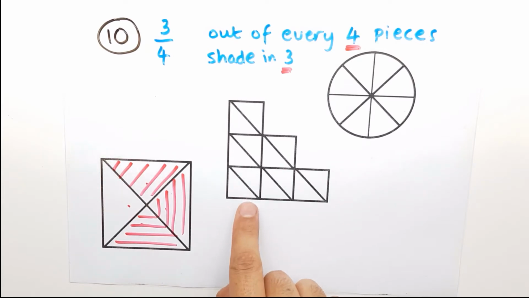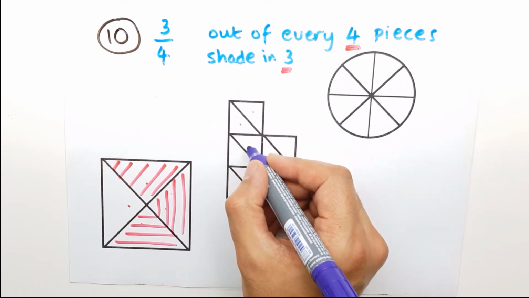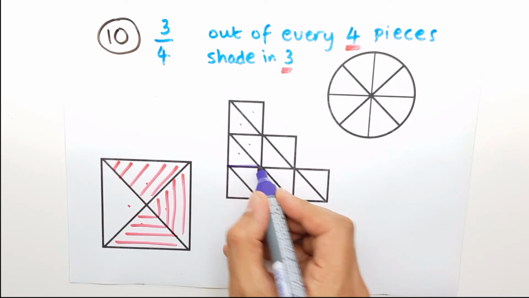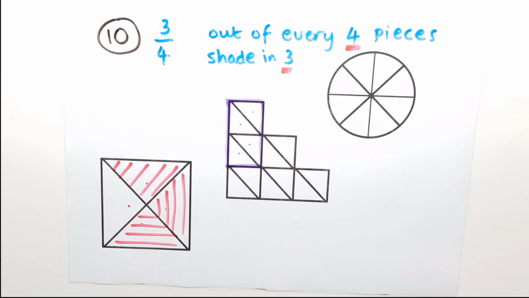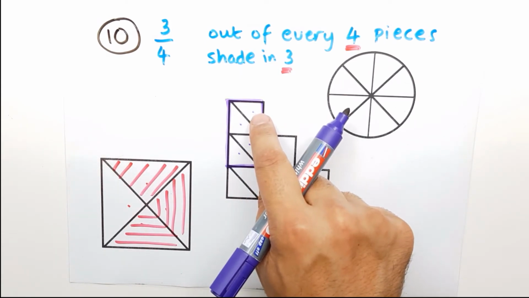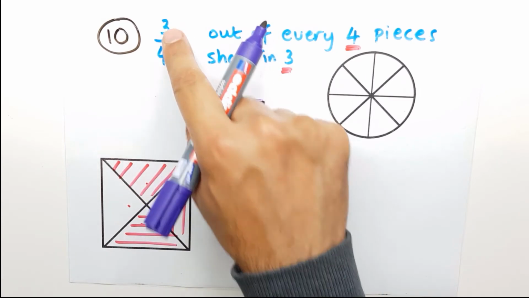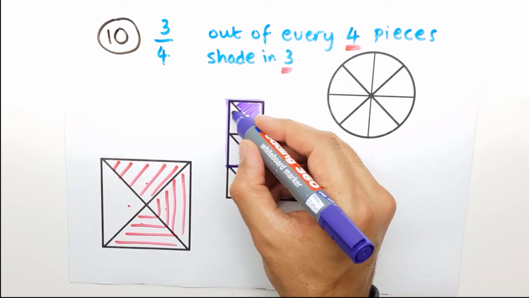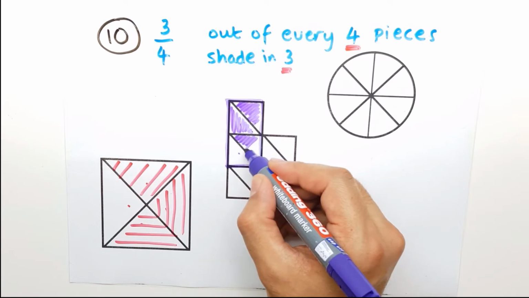Now moving on to diagram 2. So I'm going to look at 1, 2, 3, 4. So let me just highlight this. From these 1, 2, 3, 4 pieces, I want to shade in 3. So 1, 2, and 3.